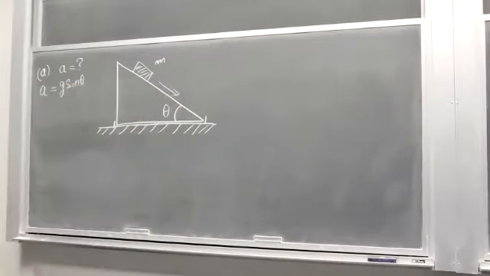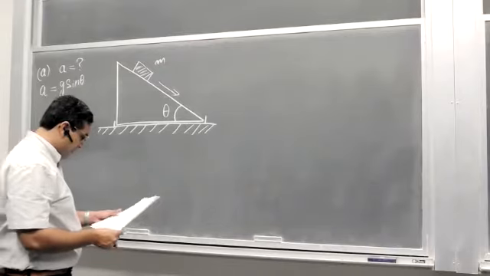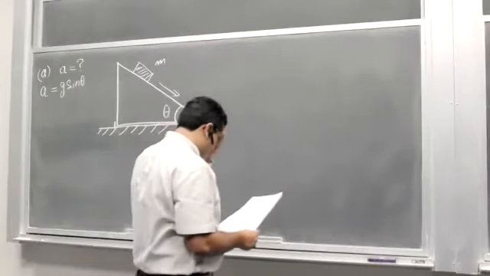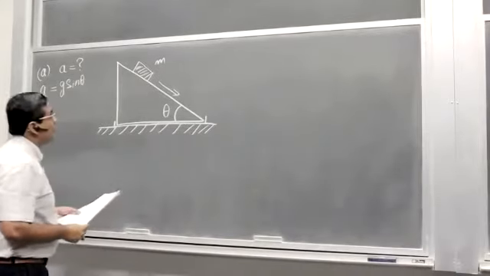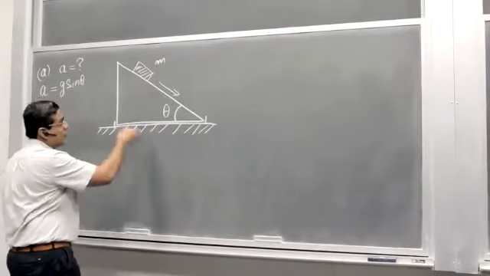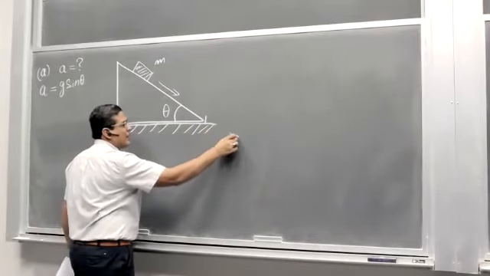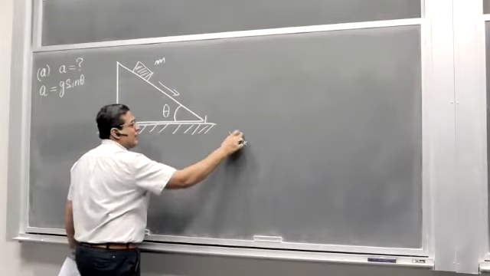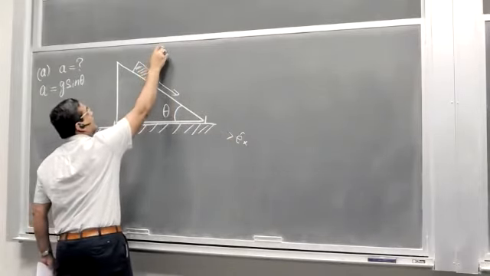But I want to develop this, to answer the second part of the question better, and also to show that if you choose a different frame of reference, this answer is very straightforward. If you choose the axis in such a way that this is Ex and this is Ey.